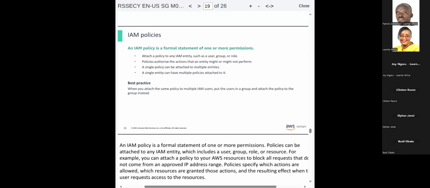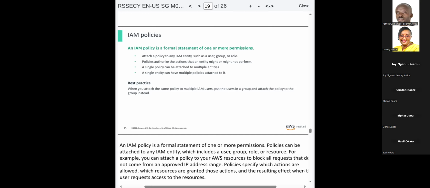What you do is define the actions, the resources, and the conditions. For example, you can say S3 PutObject, and for the resources give a specific S3 bucket, for example the bucket Shopify images. Those are the resources. And the conditions are things like IP address and time of day.